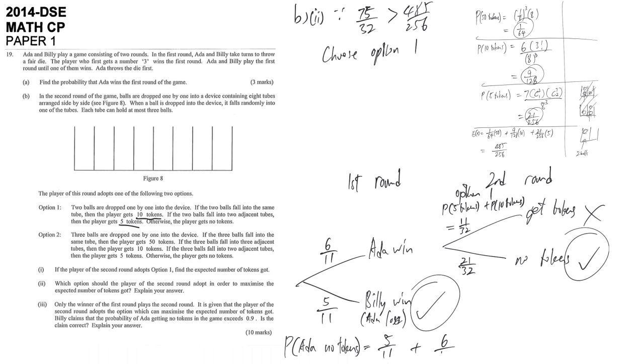So it's 6/11 times 21/32. Then the total is 0.8125, which is less than 0.9. So is the claim correct? The claim is not correct. So we do not agree.